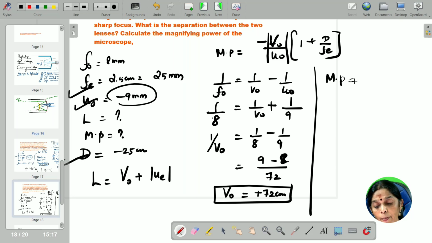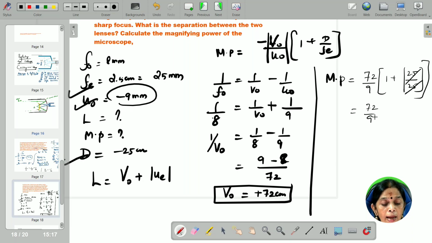So magnification power is equal to 72 divided by 9 into 1 plus mod of D by Fe, that is 25 divided by 25. So 25 get cancelled. So that is equal to 72 by 9 into 2. So therefore magnification power is 8 into 2, 16. So magnification power is 16 we found out.